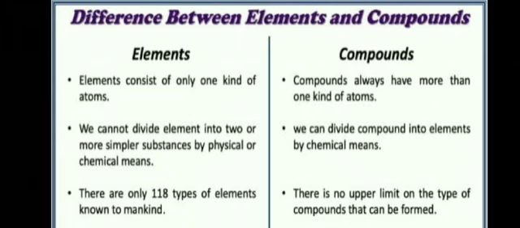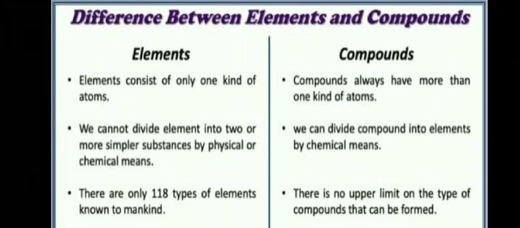We cannot divide an element into two or more simpler substances by physical or chemical means, but we can divide a compound into elements by chemical means. As we have discussed, compounds can be divided only by chemical means.